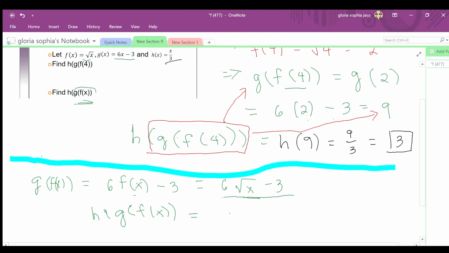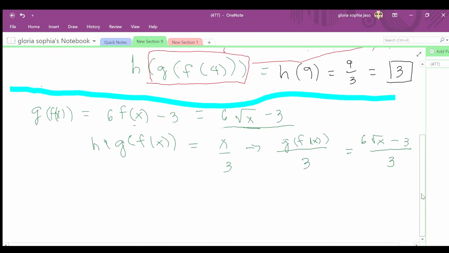Si h is x over 3. Yan siya. So, pwede natin siyang gawing g of f of x over 3. So, yung g of f of x natin is ito yung class. So, pwede na natin i-substitute. 6 square root of x minus 3 over 3.